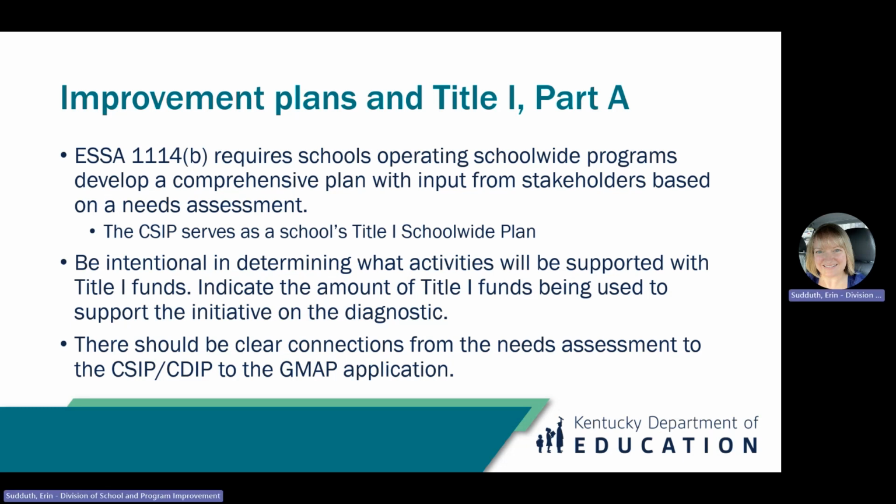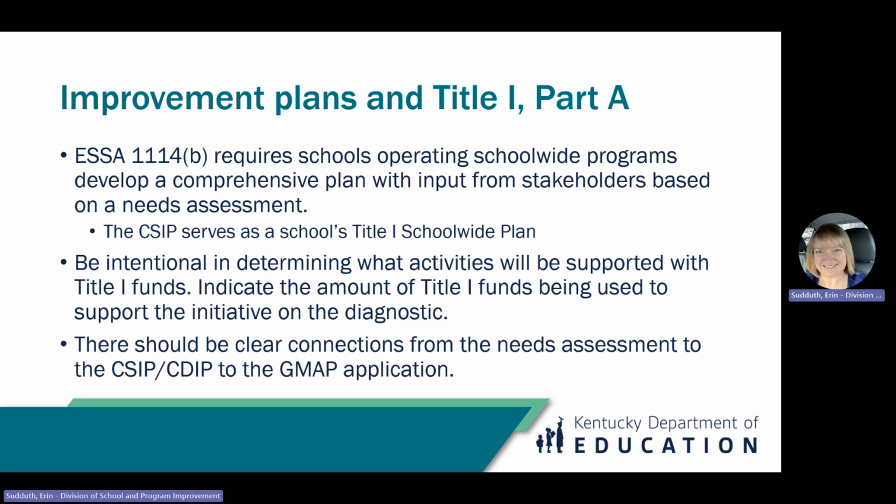ESSA Section 1114(b) requires schools operating school-wide programs to develop a comprehensive plan with input from stakeholders based on the needs assessment. The CSIP serves as the school's Title I school-wide plan. If you've been working with Title I Part A for a while, you may remember years ago when we did have a separate Title I school-wide plan that had to be completed.